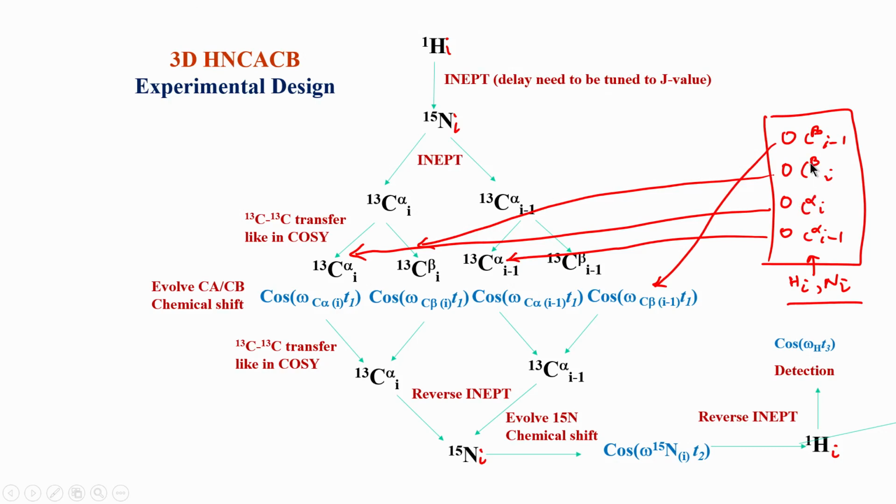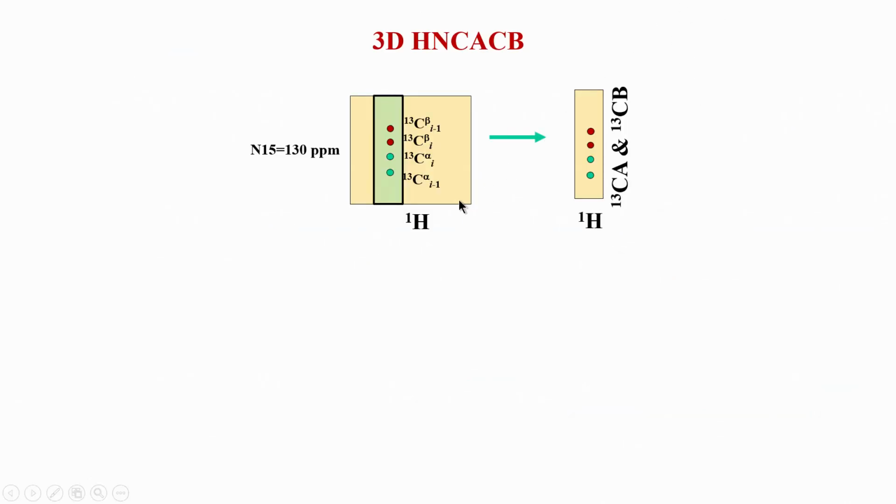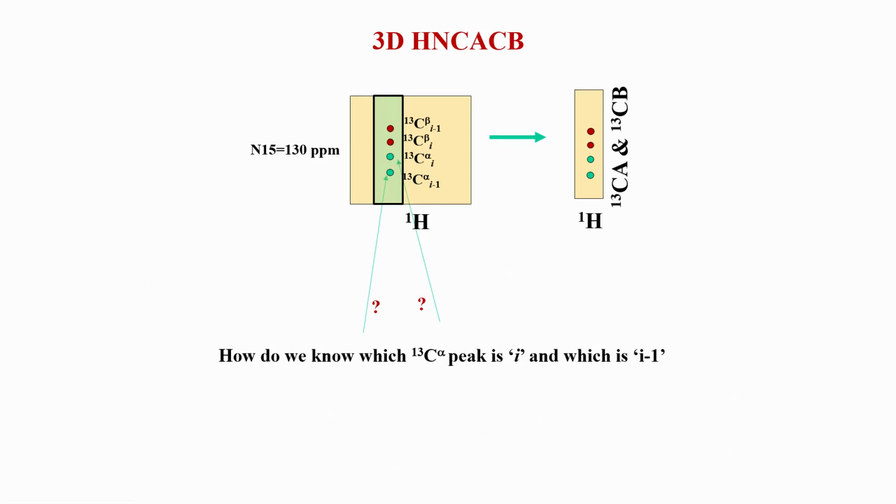One thing is, as I said, the phase of the beta will be different compared to the phase of the alpha, so we just color it differently in this spectrum. But we still have the ambiguity of which is alpha I and which is I minus 1. Similarly, we do not know which is beta I and which is beta I minus 1. This confusion is similar to what we saw in the 3D HNCA.